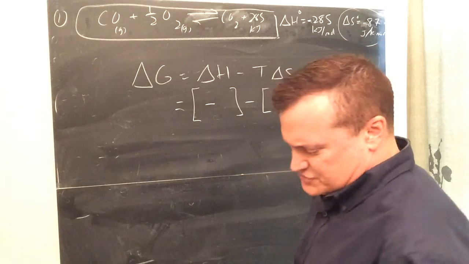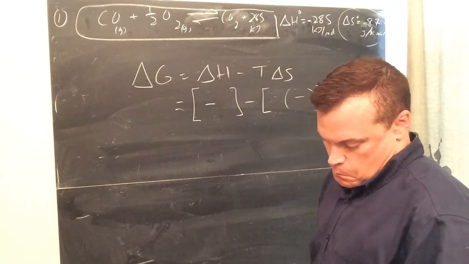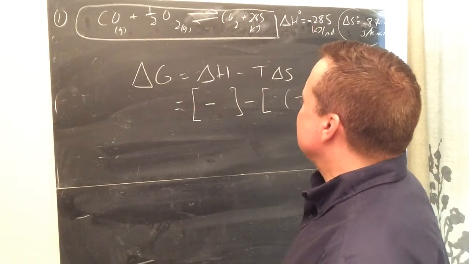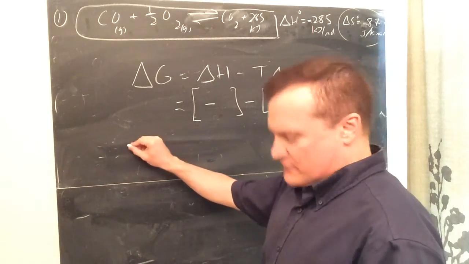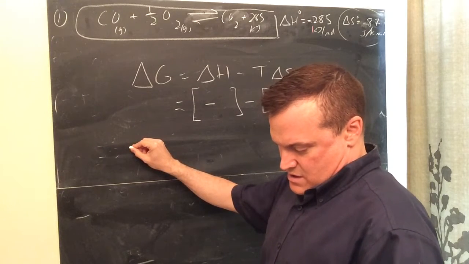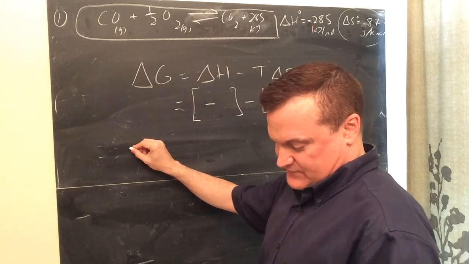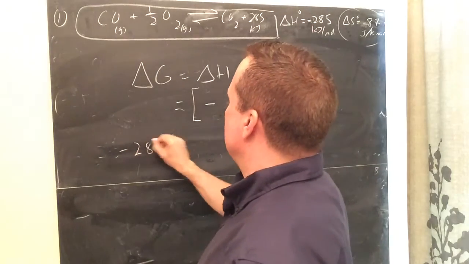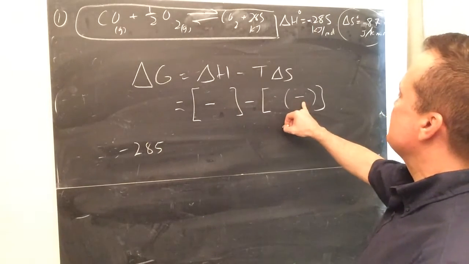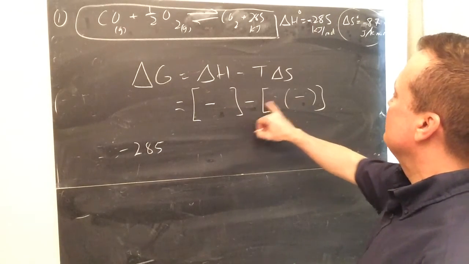And remember, we calculated delta G to be negative, right? Yeah, it was negative overall. Okay, delta G, when you get all that together, was negative 285, right? Negative 285. So a negative number ends up being a positive term in here.